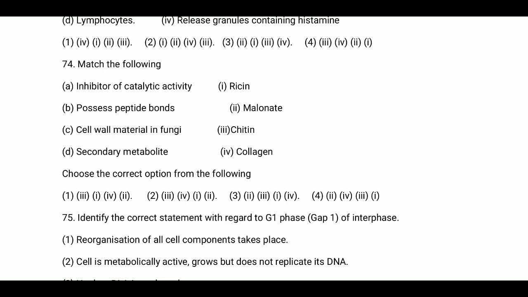Okay, we'll take up the question. Inhibitor of catalytic activity is malonate. Possesses peptide bonds is collagen, it's a protein. Cell wall material in fungi is chitin. Secondary metabolite is ricin. So it is fourth option.